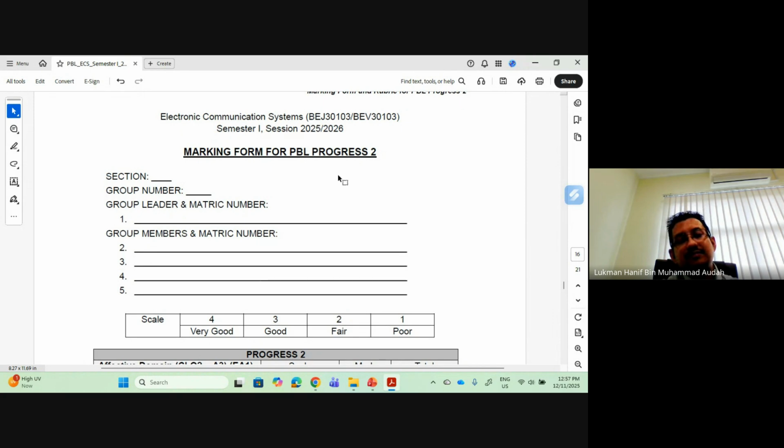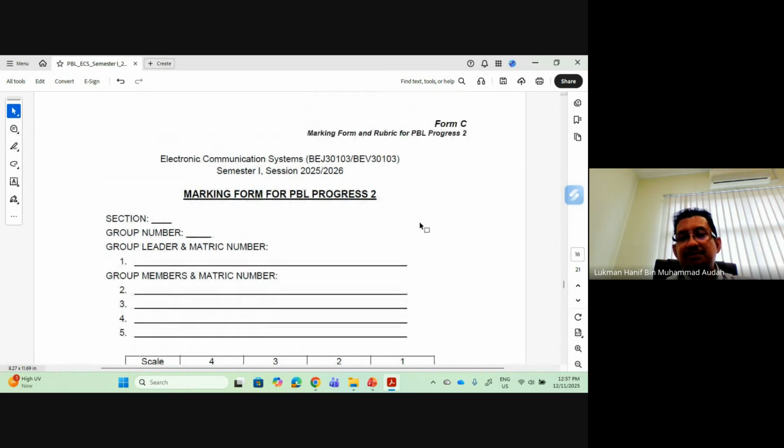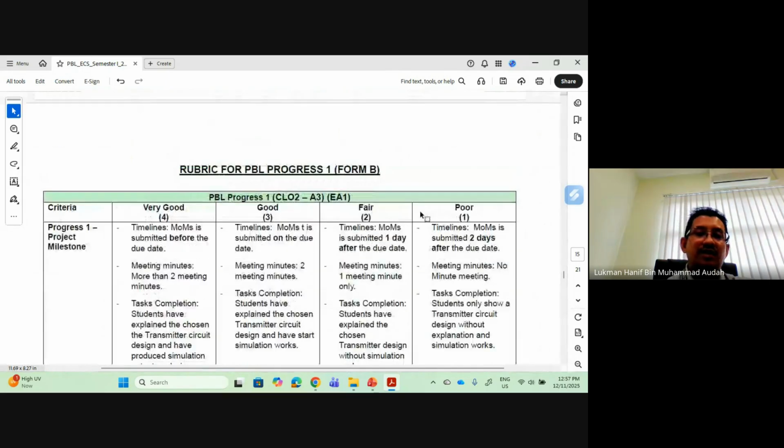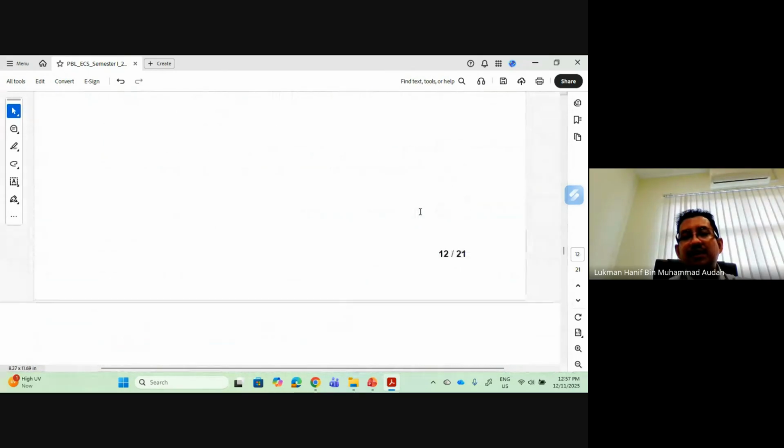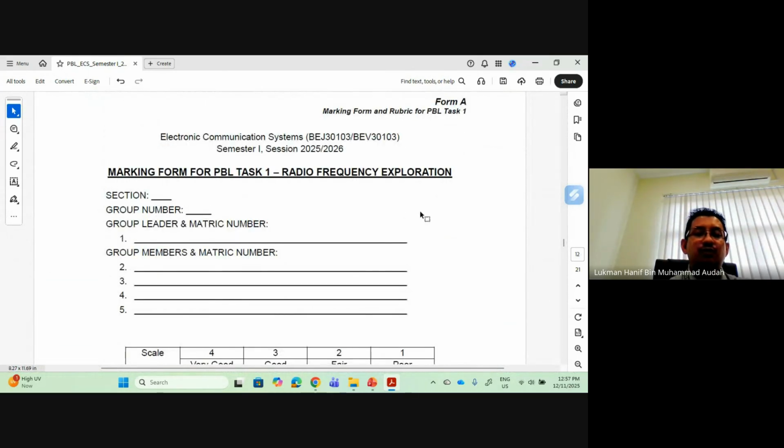For task number 1, if you already submitted, no problem, don't worry. Maybe some groups forgot to put this marking form, that's okay for me.